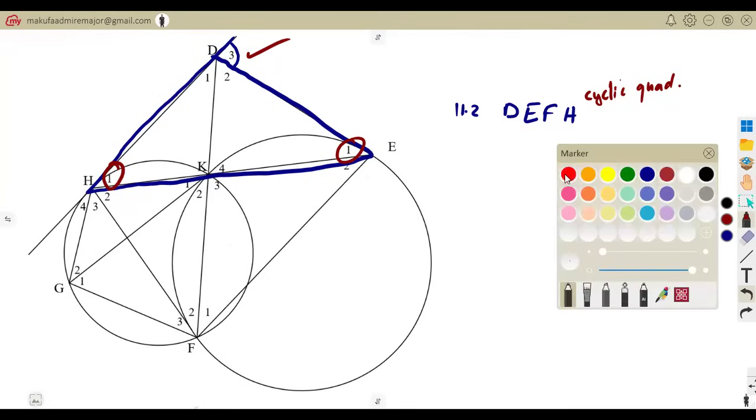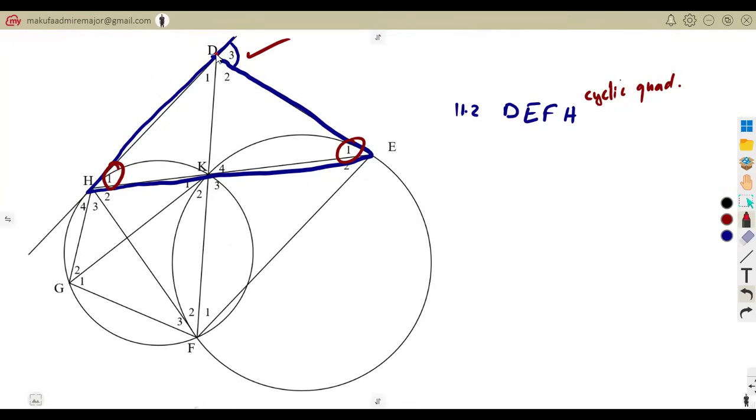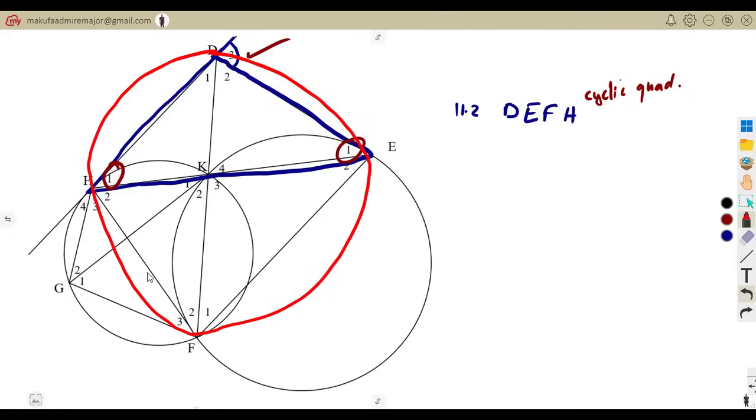If we are to draw a circle passing through D to E like this, to F, to H, let's say a circle was drawn like this. To prove that it's a cyclic quad, we must have any theorem about a circle, guys.